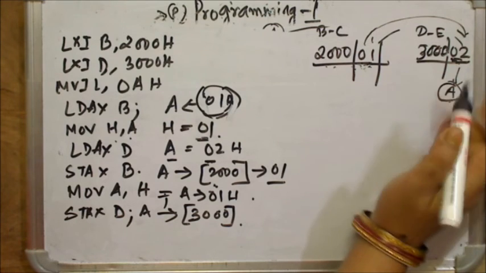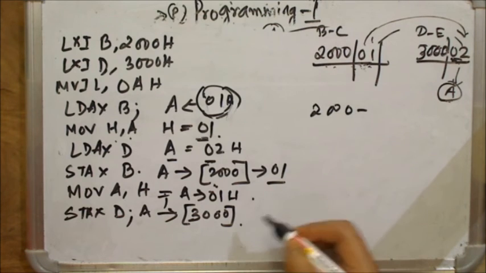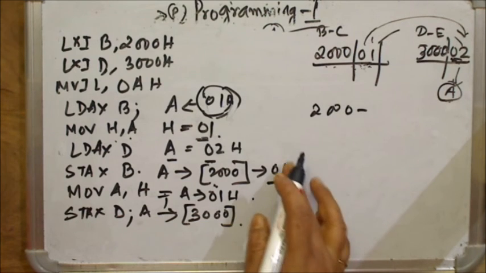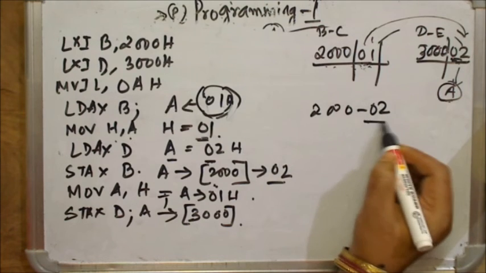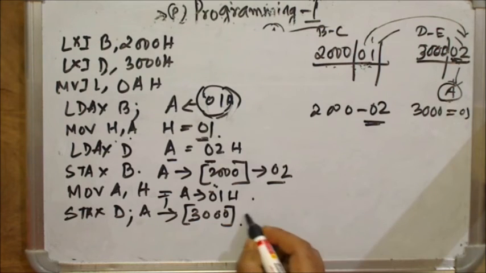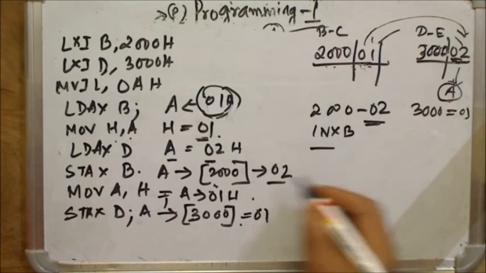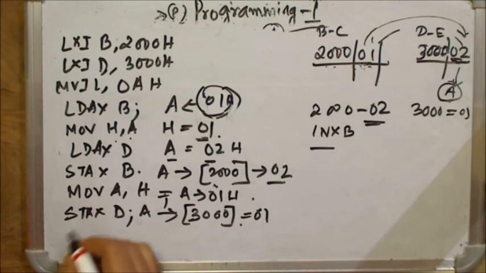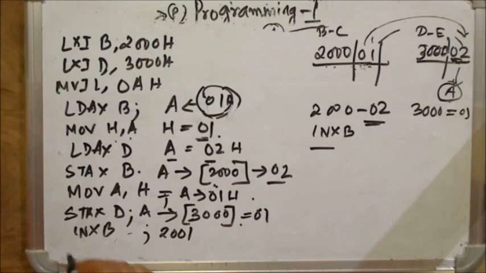Okay, so at 2000, STAX B, it is 02. So 02 will come at 2000, and at 3000 01 will come, that is here. So one exchange is over. Then INX B will increment the pair, so BC will be 2001.